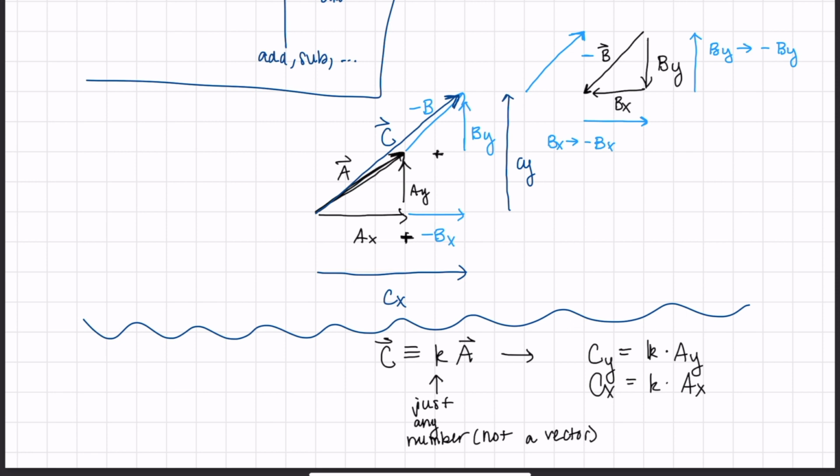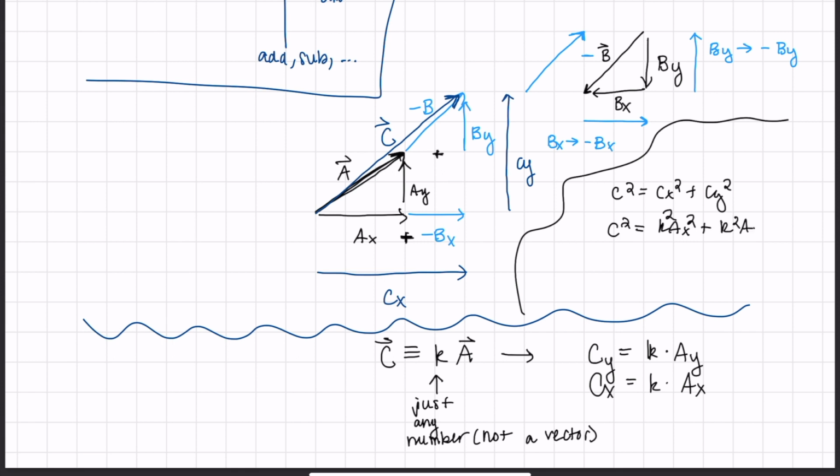And then let me quickly check myself. So if C squared is CX squared plus CY squared, then that's going to be equal to K squared AX squared plus K squared AY squared.